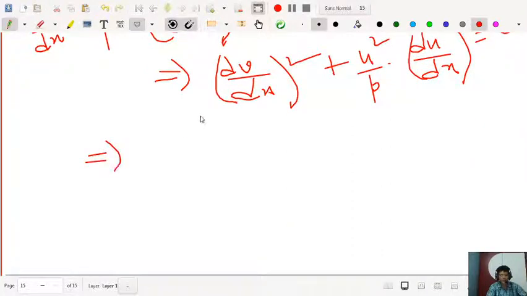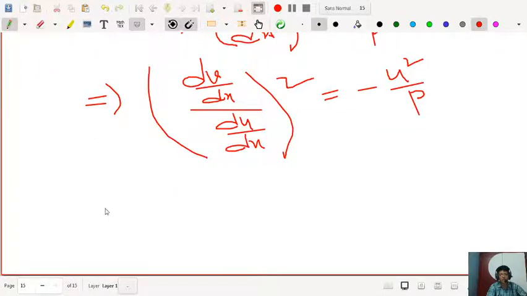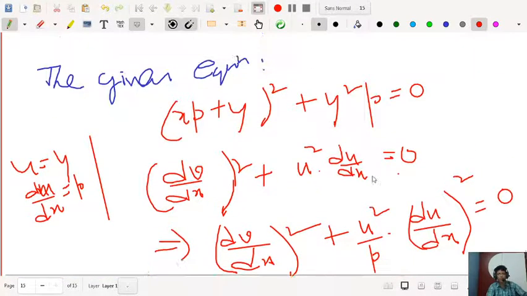Now let me transform. Let me take (dv/dx)/(du/dx), this whole square equal to minus u square by p. This is written as (dv/du) whole square plus u square by p.